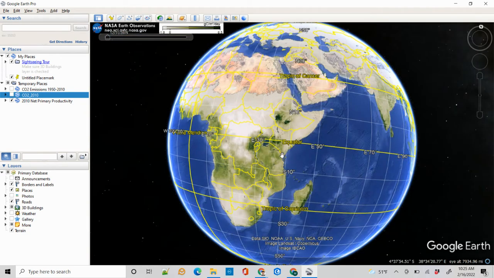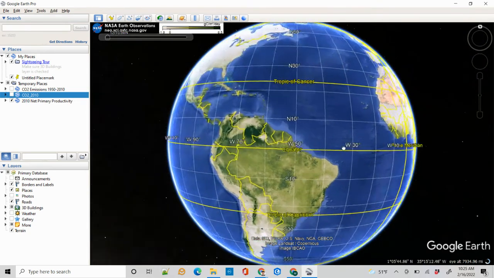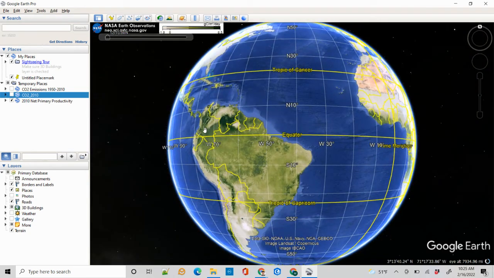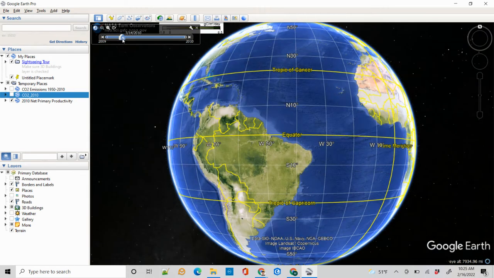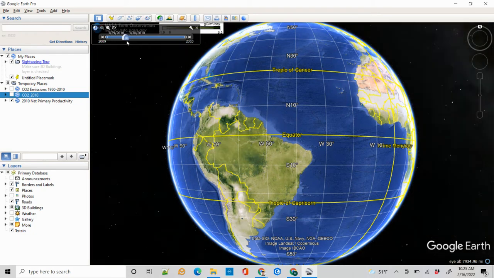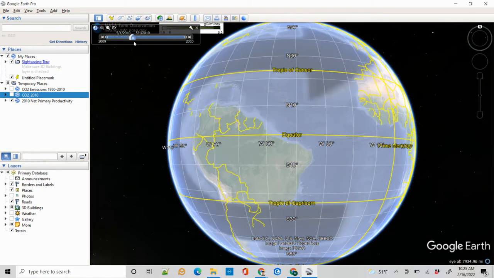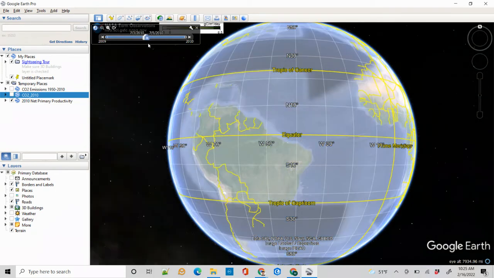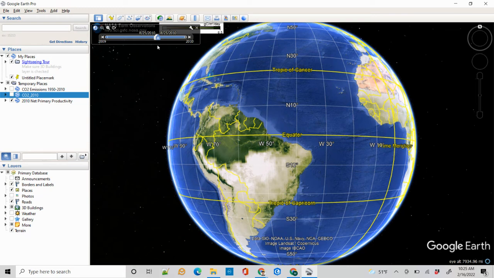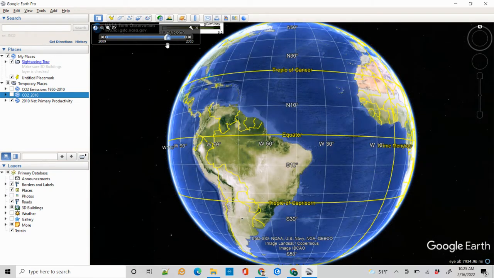If you look at this region, this is in the equatorial belt. If you just move the slider, you see the green means positive. In this region at least, it's always green.